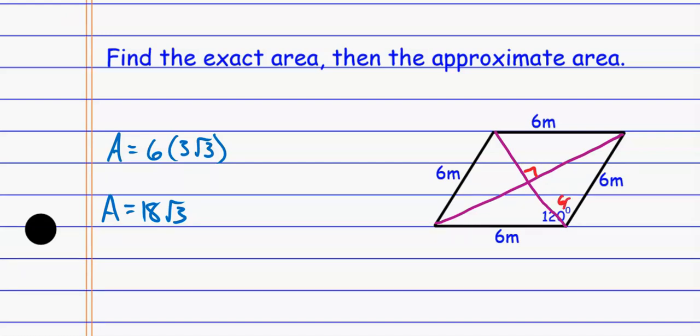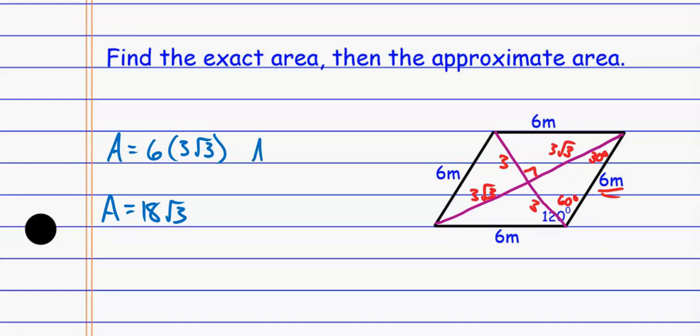So it also gives me a 30, 60, 90 triangle for each of these. And so as I hop around this thing, I can say that if this is 6, that means this piece is 3. And it means that this longer side is 3 root 3. Okay? And because the diagonals bisect each other, that's a 3, and this is also a 3 root 3. And so each of them hinges on this 30, 60, 90 triangle.